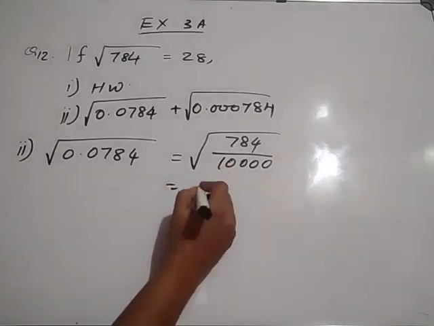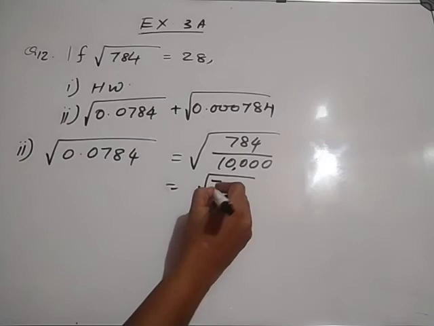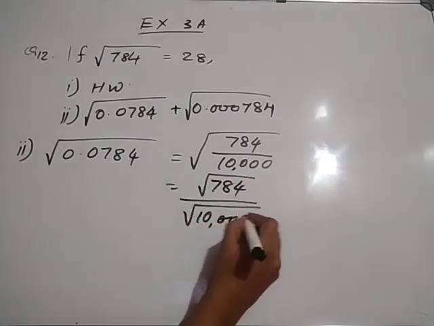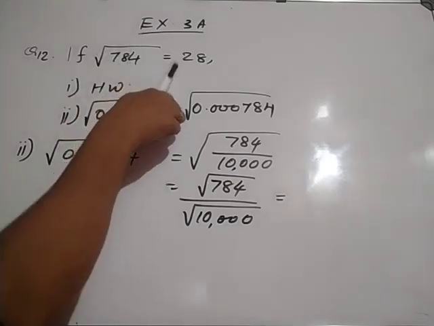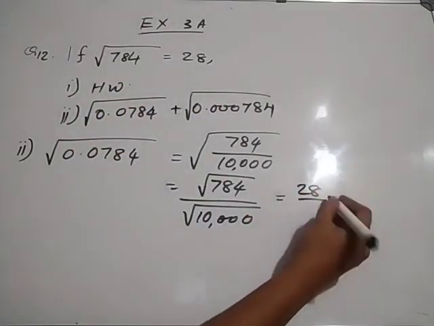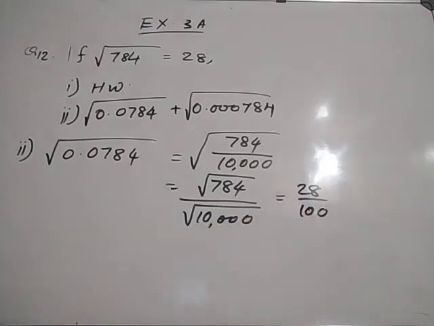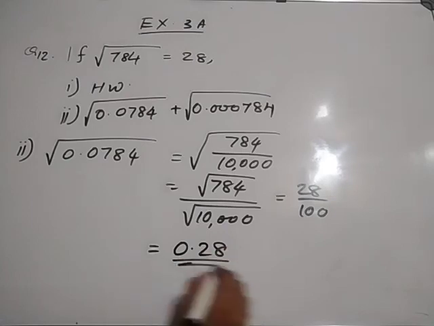Okay, you know that square root of 784 by 10,000 can be written as square root of 784 by square root of 10,000. Okay, what is the square root of 784? Yes, it is given in the question, no? 28. And we know that the square root of 10,000 is 100. What is 28 by 100? Any number by 100? Yes, 2 places after decimal, 0.28.